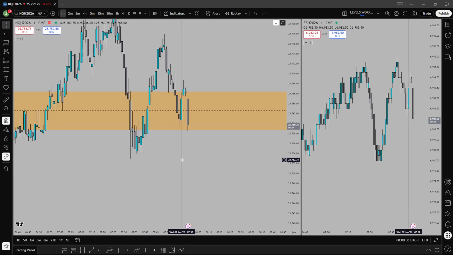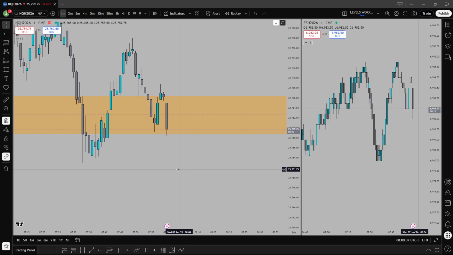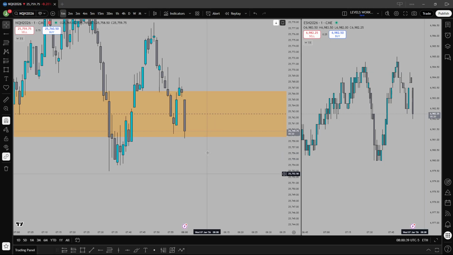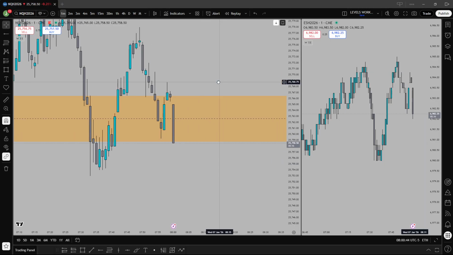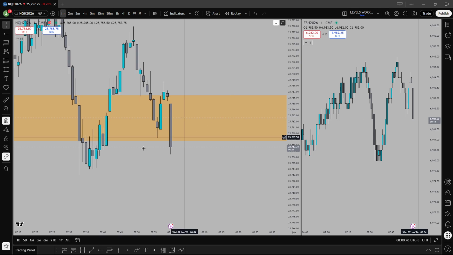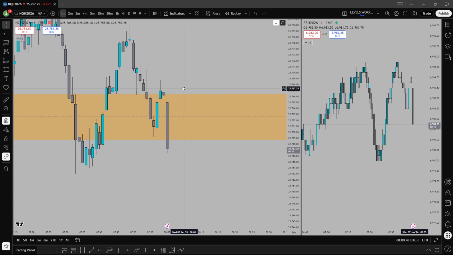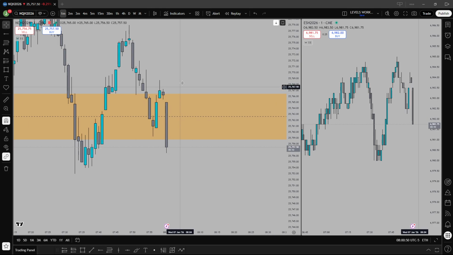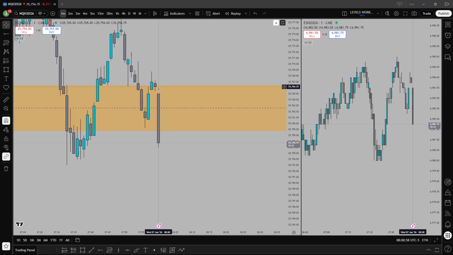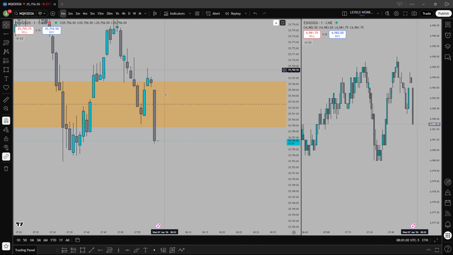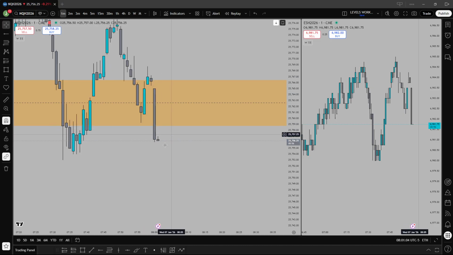So I like it, but I don't want it to expand right after it opens. I wanted it to at least create a wick or something here. This is good.